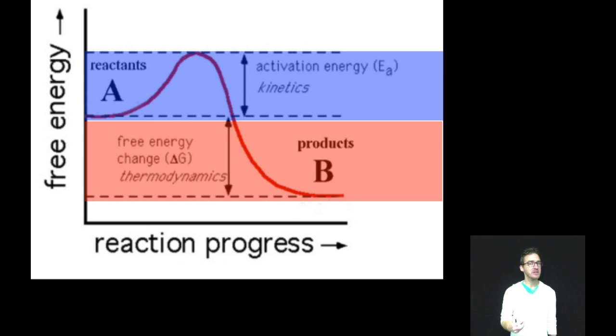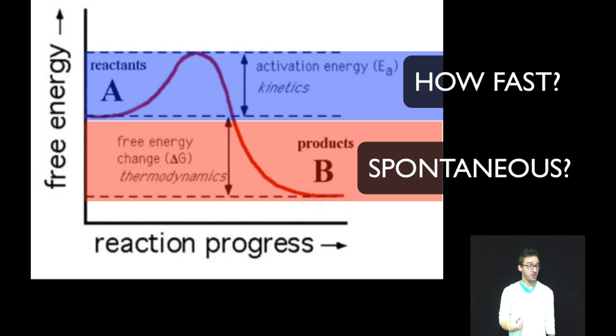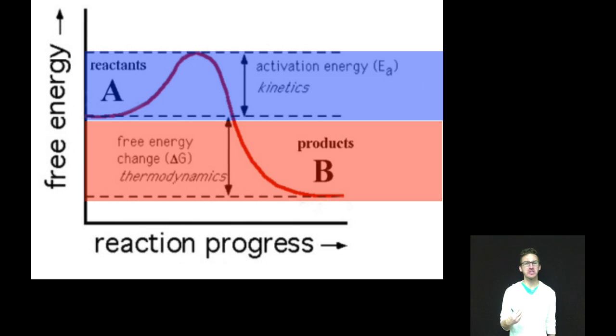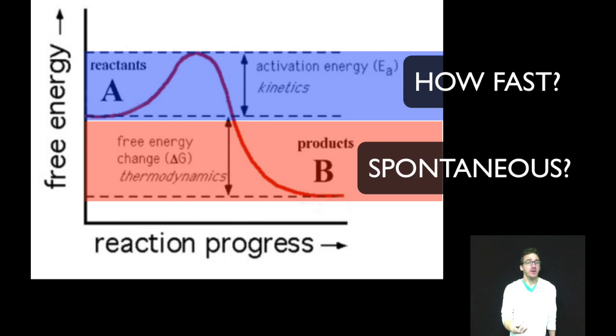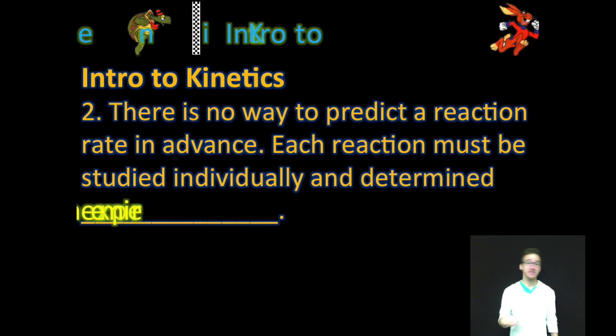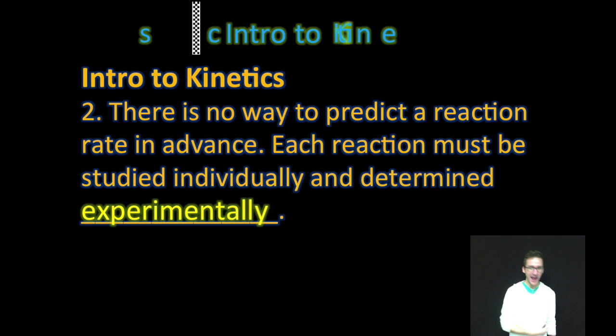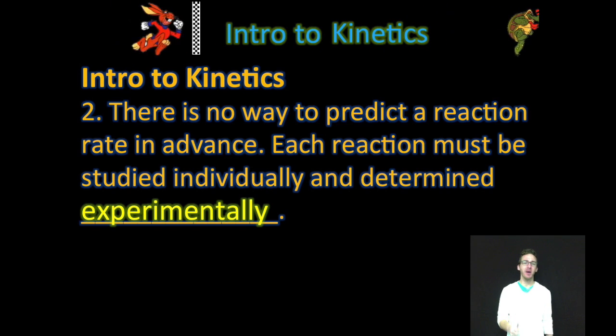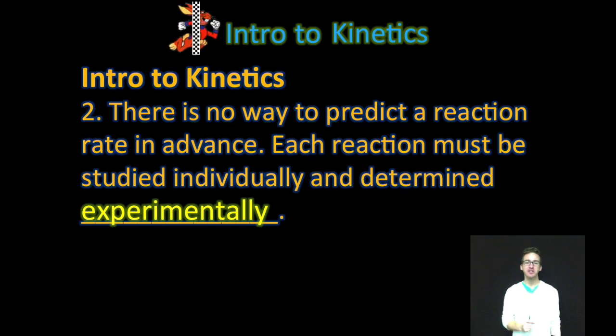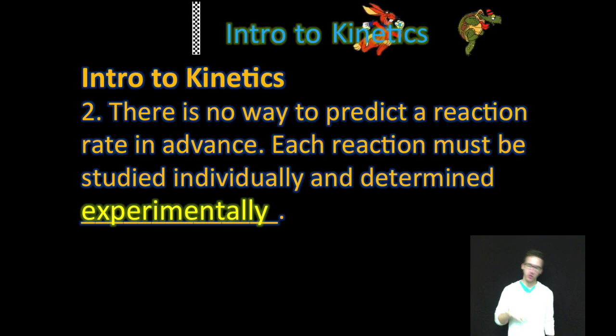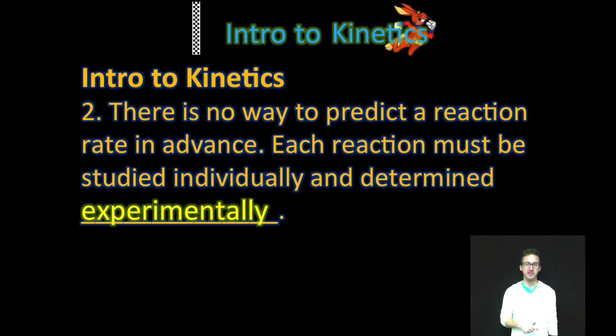And that's an important distinction to make, because we can have thermodynamically favorable reactions that happen so slowly that we can't even notice that a reaction is taking place. And 2, there is no way to predict a reaction rate in advance. Each reaction must be studied individually and determined experimentally. So great news for all you folks who like to do lab work.